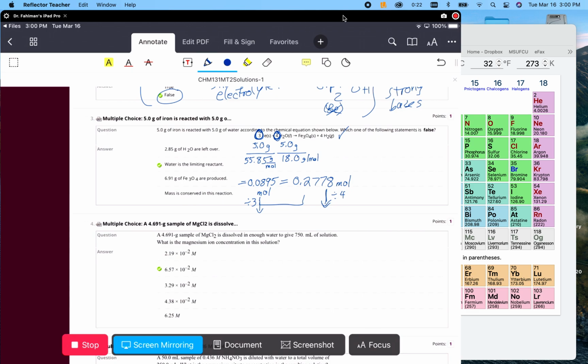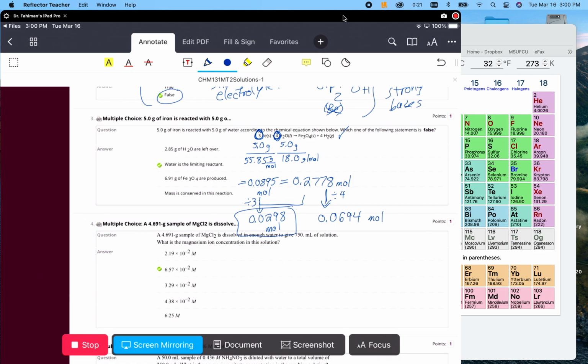and then we'll compare. So 0.2778 divided by 4 is 0.0694 moles, and then the other one divided by 3 is 0.0298 moles. Okay, so now you look at which is smaller. It's this, which is iron. So that means that iron is the limiting reagent.